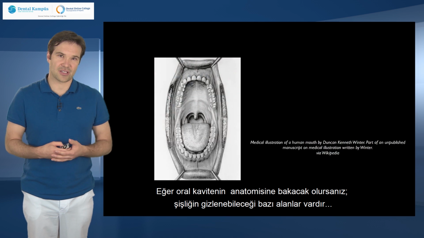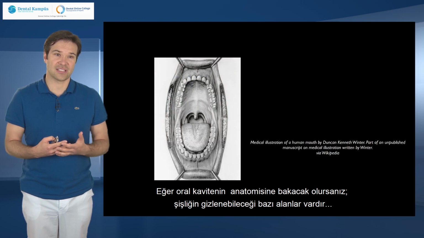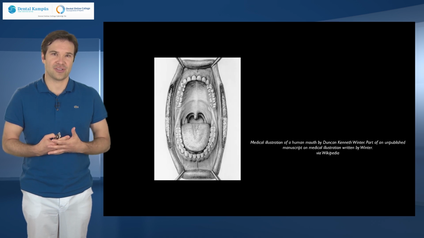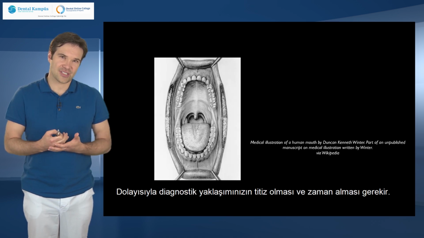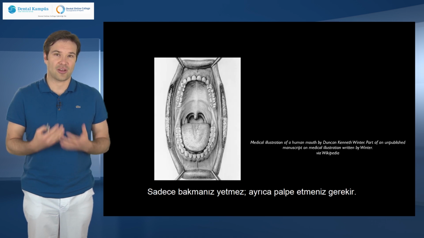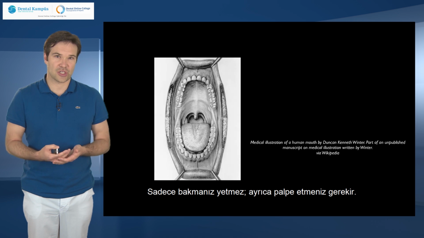If you check the anatomy of the oral cavity, there are quite some areas where a swelling can hide. So your diagnostic approach has to be very diligent and take some time. That does not only include looking at things, you also have to palpate.